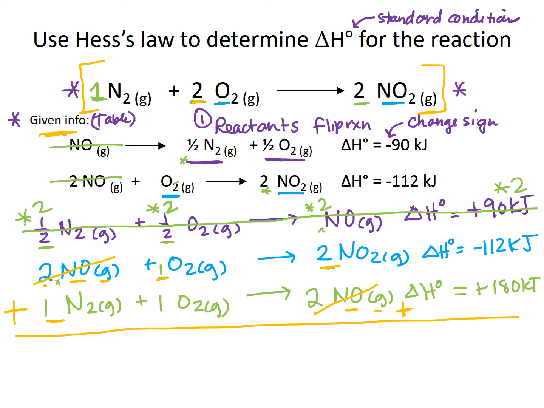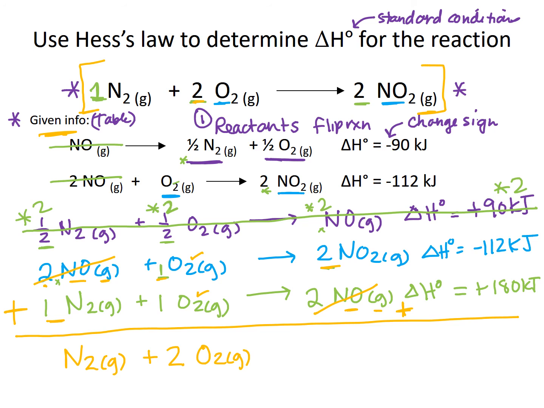Okay. Next, I go here and I have 1 mole of oxygen gas, and down here I have 1 mole of oxygen gas. If I add those two together, that gives me 2 moles of oxygen gas. So now I've used this thing and I've used that thing. And then over here I have 1 mole of nitrogen gas, so I'm going to put that down there.